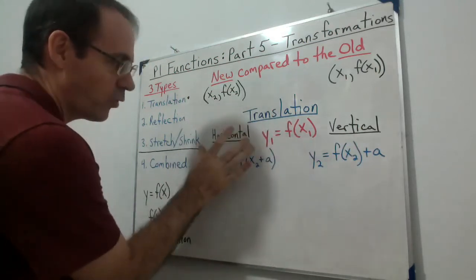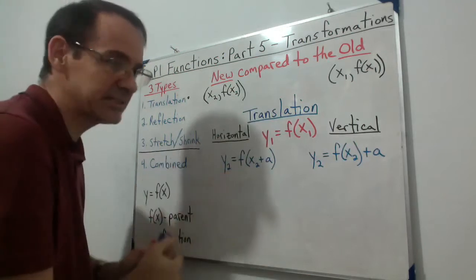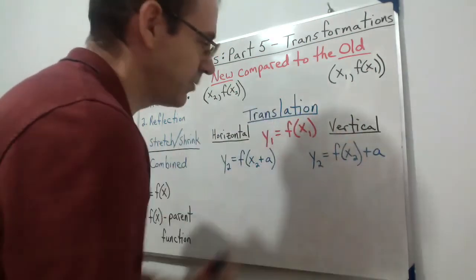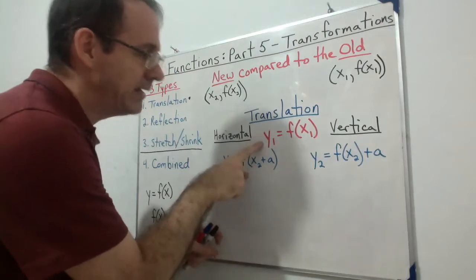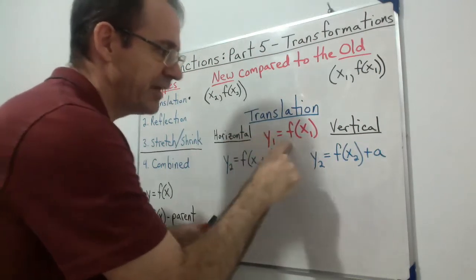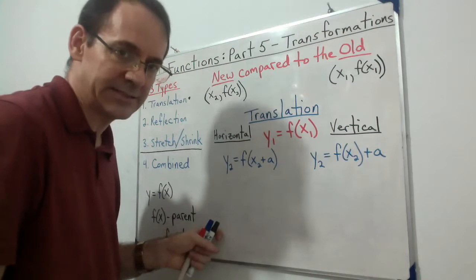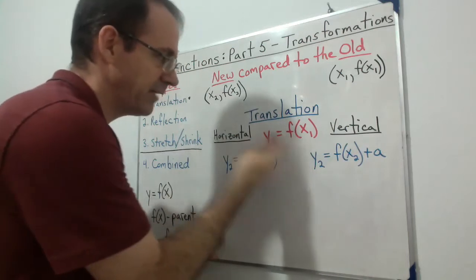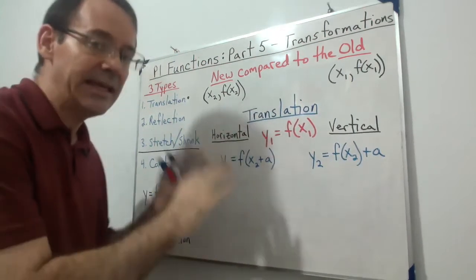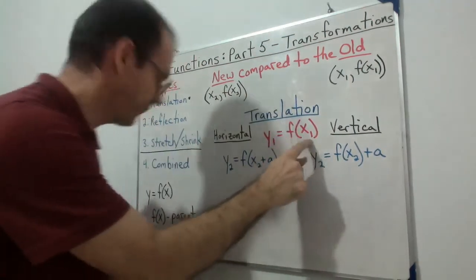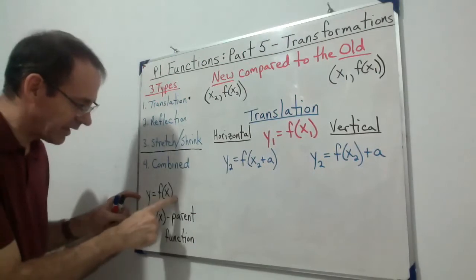So again, there's the horizontal, which affects the x. The vertical affects the y. Here is our original function. y is some function that is written in terms of x. We know that you can replace f of x with y. So this is just going to represent any particular parent function. y equals f of x.